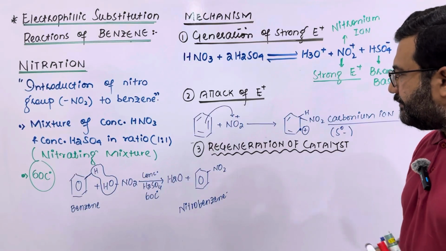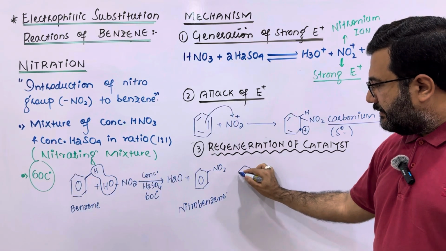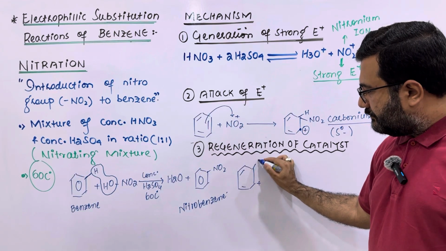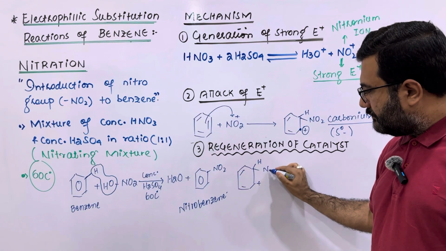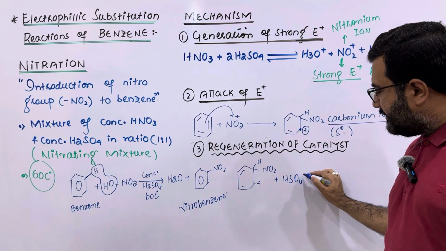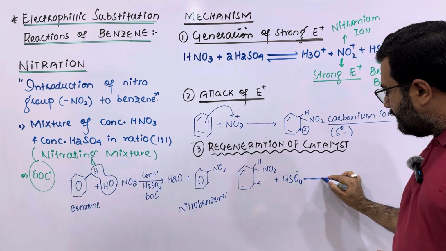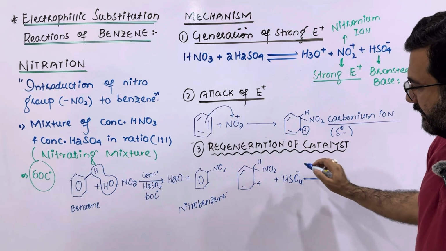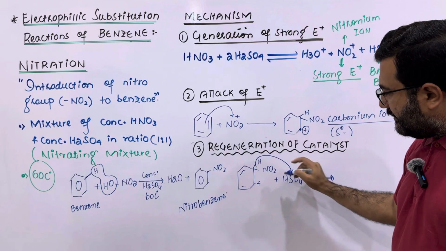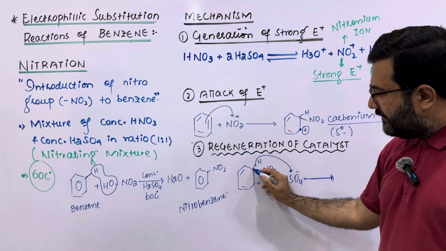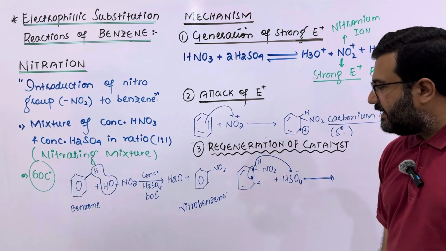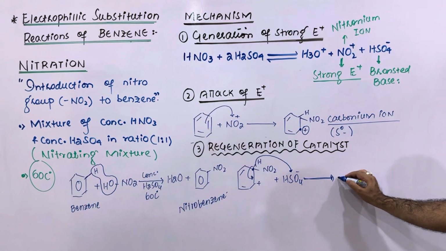So in the last step, now the Bronsted base which was produced in the first step will accept this hydrogen, and the bond which is present between carbon and hydrogen will be shifted inside the ring between two carbon atoms.